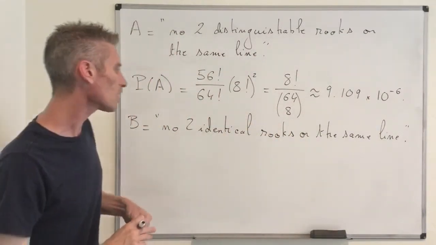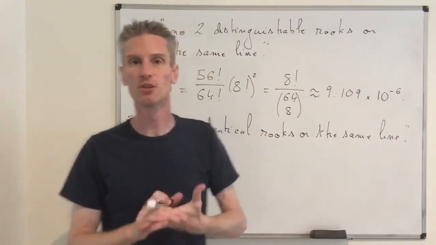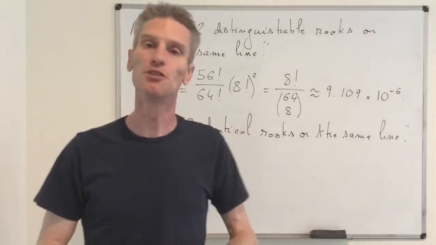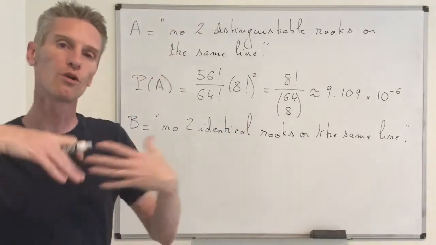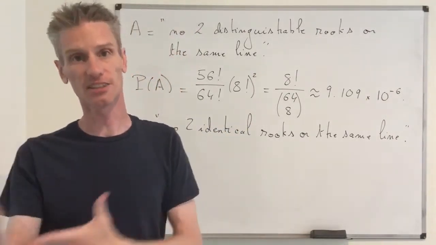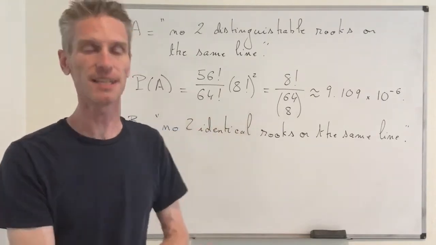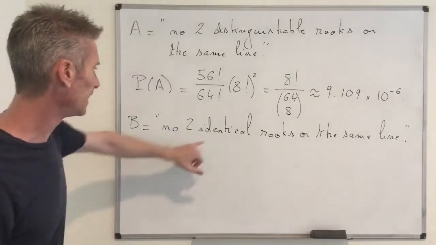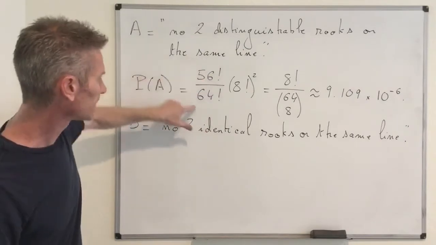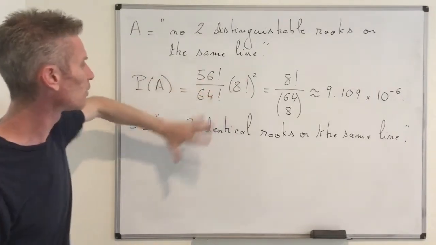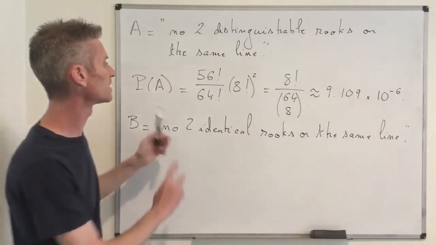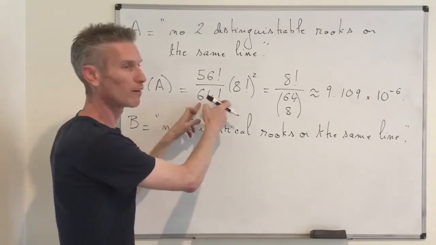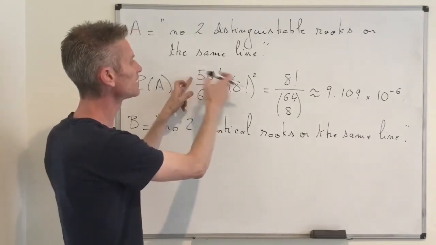So we saw that because now we assume that the rooks are identical, indeed the total number of possible configurations, so the cardinal of omega, is going to change. Okay, so the counting is not the same. Before, the size of the sample space was 64 factorial divided by 56 factorial.